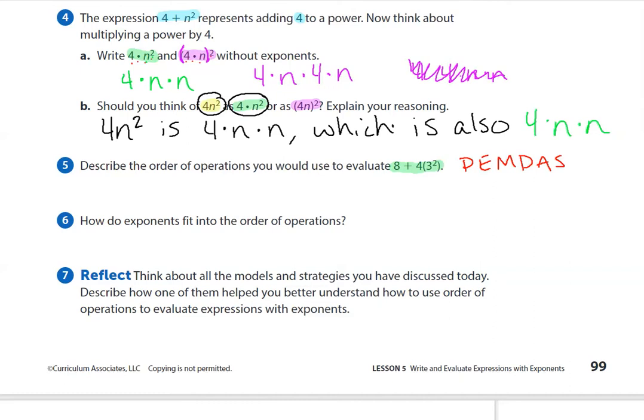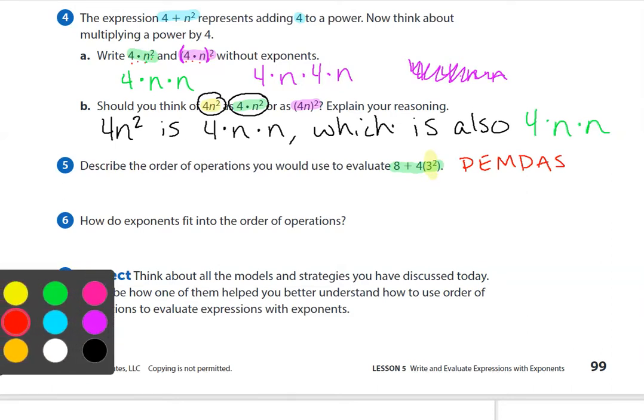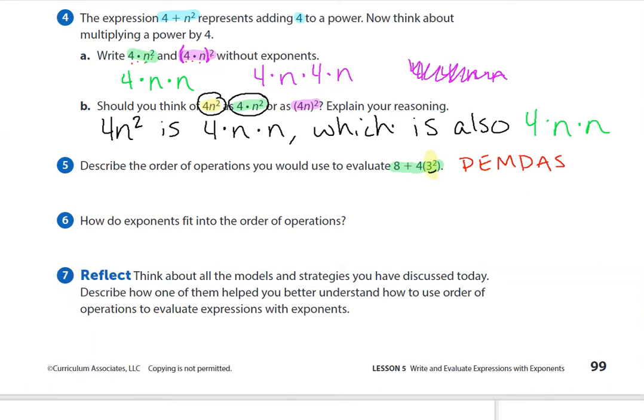Okay, so first thing is parentheses, and that's what's inside the parentheses. Not just do parentheses exist, but you do the stuff inside the parentheses. So inside the parentheses, we have 3 squared. So we have the exponent in the parentheses anyways. It's like doing double duty over there.